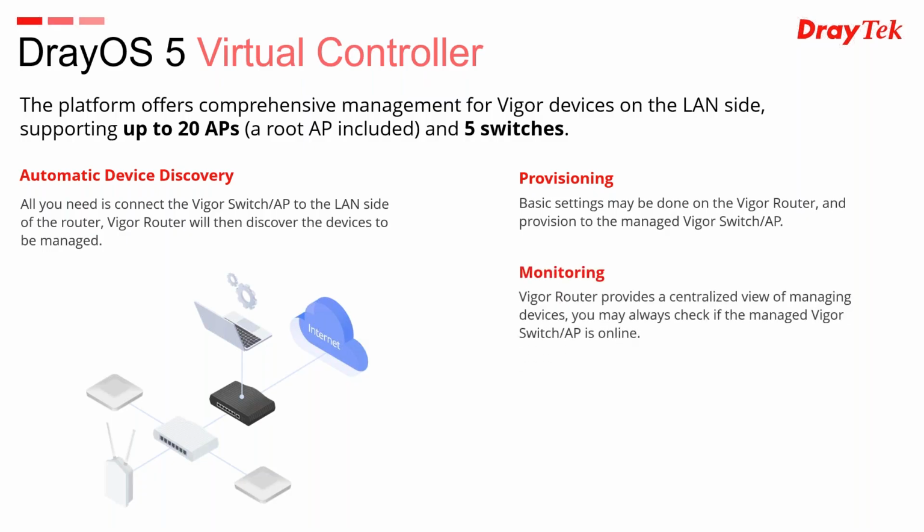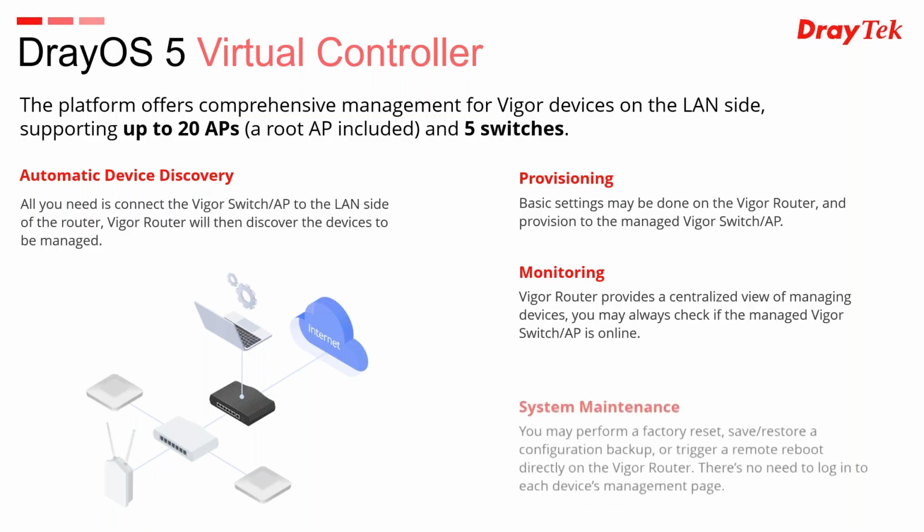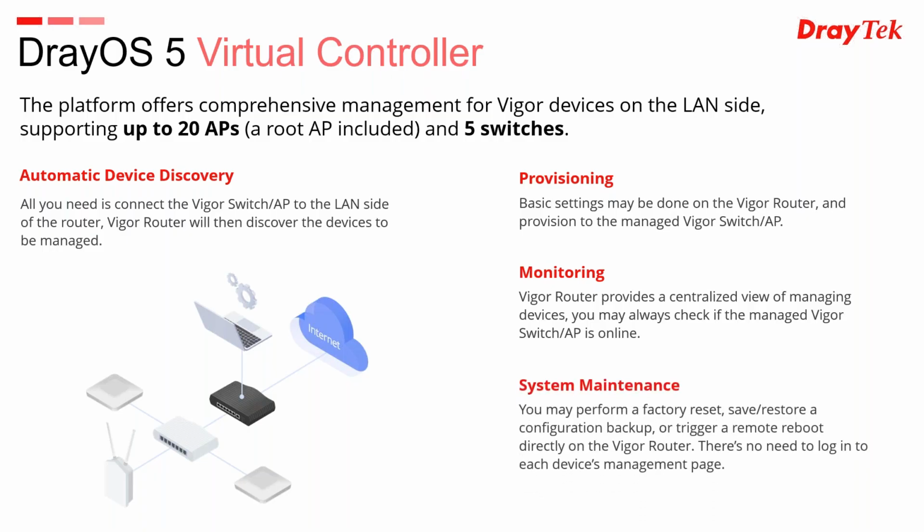So if you are not sure what's happening with an IP or access switch, or you would like to see the status, then you can just go to that section and see the device and the status in one place. And the maintenance, so once the devices are fully synced in this system, then you can do some extra stuff such as factory reset, save the configuration, and so on.